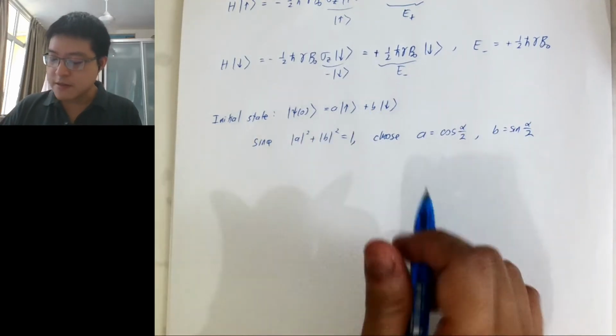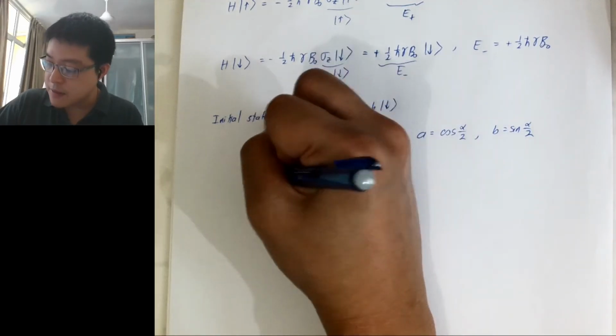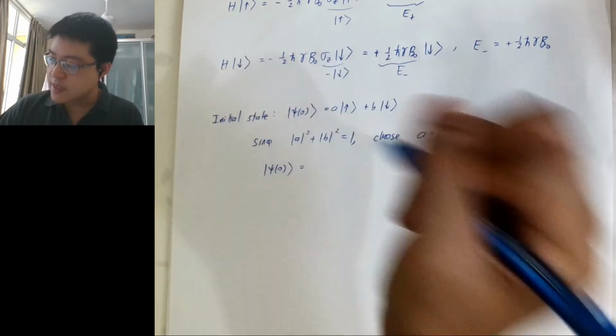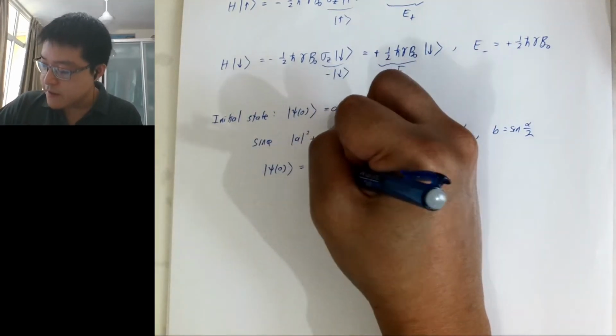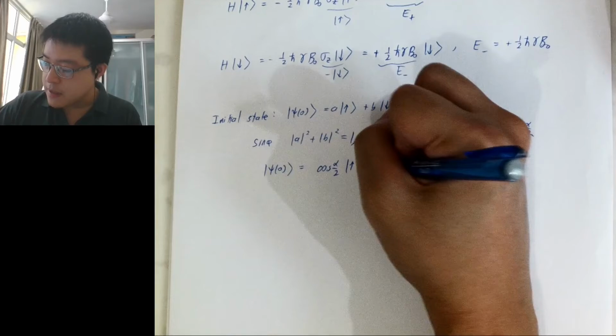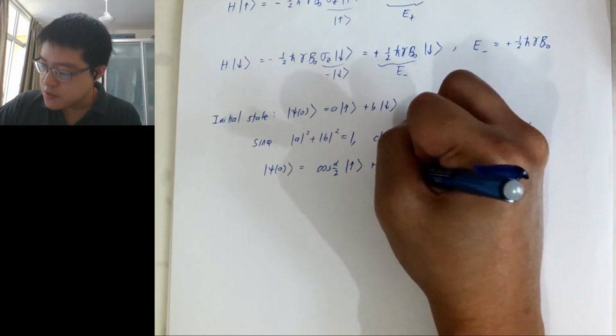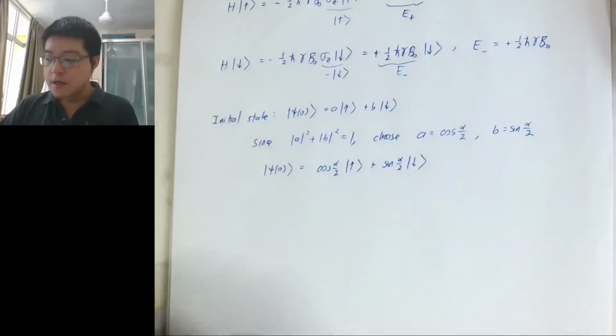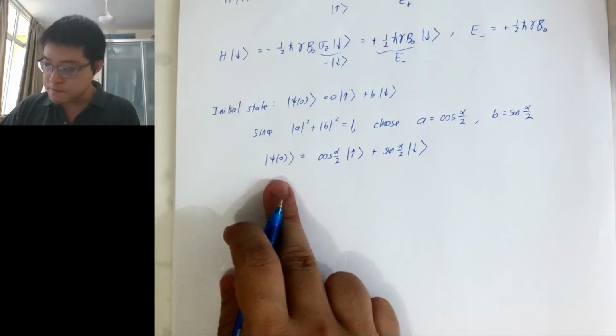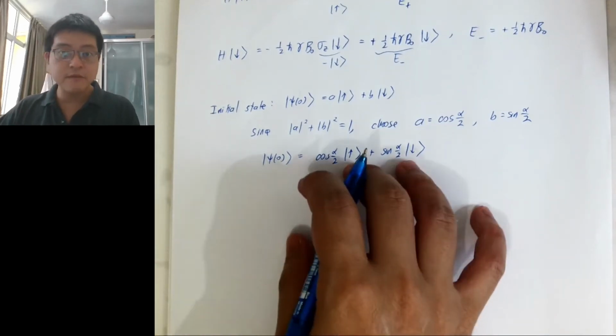But let's focus on this part first. My initial state is just cos alpha over 2 up, and sine alpha over 2 down. This is the state at time 0, and these are the eigenstates of the Hamiltonian.